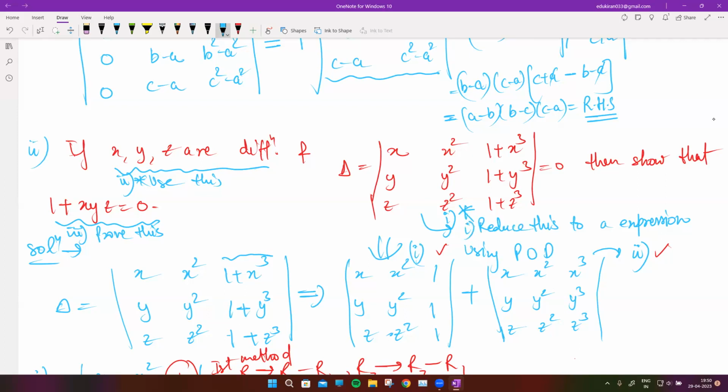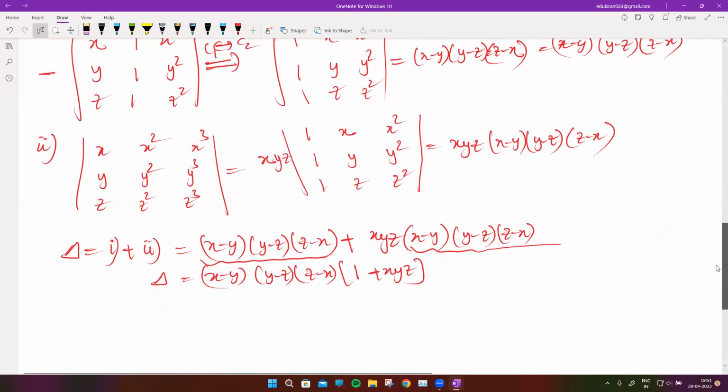Then we have to use this. Now, what does it say? x, y, and z are different. If x, y, and z are different, what does that mean? Can you use this in the given condition?